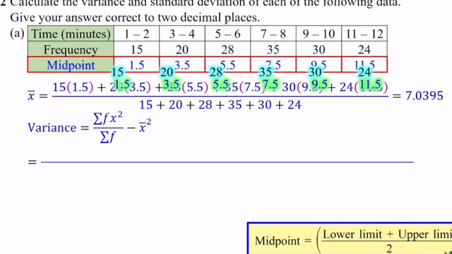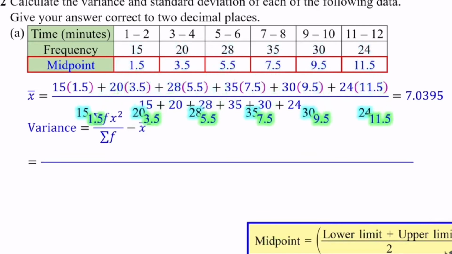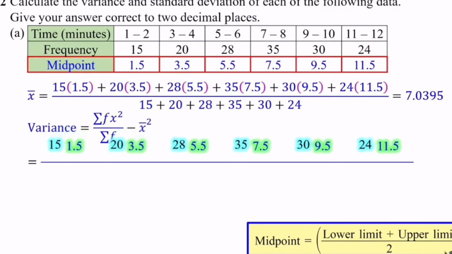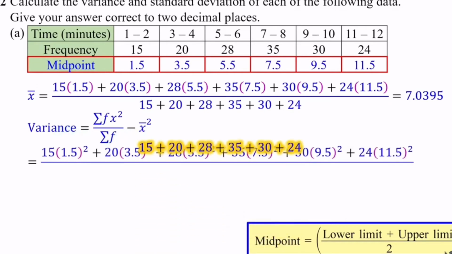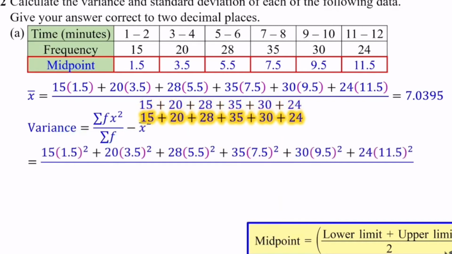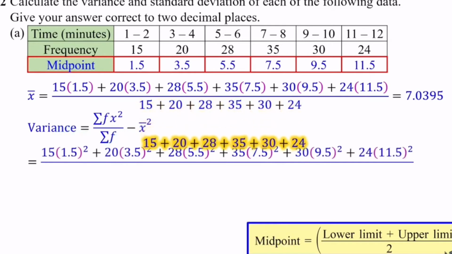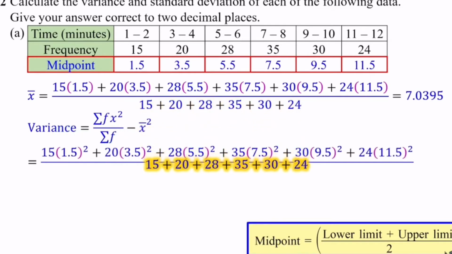Meaning that we will take 15 times 1.5 square plus 20 times 3.5 square plus 28 times 5.5 square plus 35 times 7.5 square plus 30 times 9.5 square plus 24 times 11.5 square over the total frequency 15 plus 20 plus 28 plus 35 plus 30 plus 24.